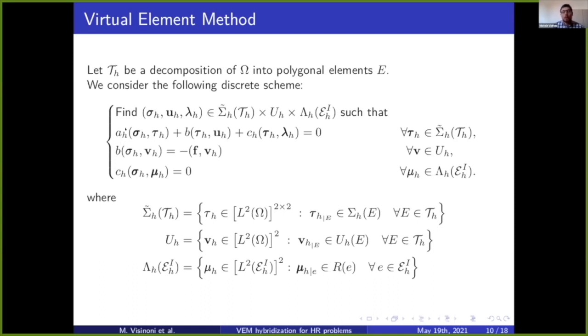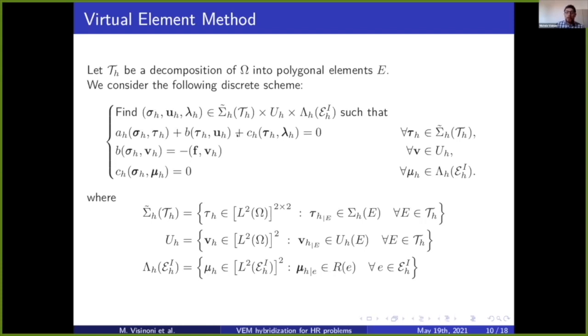The computation of the bilinear form A_h is the same as in the conforming method, and we can use the standard philosophy of VEM, while the bilinear form B and the discrete bilinear form C_h can be computed exactly using the degrees of freedom. So this is the discrete scheme.